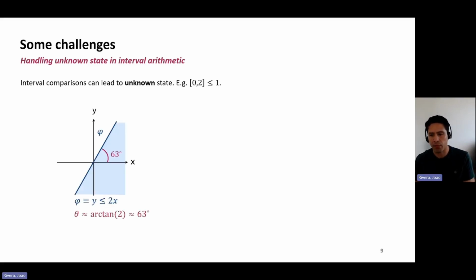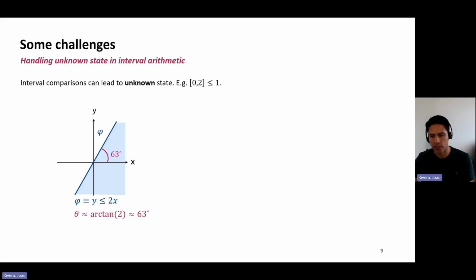I will give an example of where this occurs in our implementation. In the algorithms, we compare the angles of the inequalities a lot. For example, when you have the inequality y less than 2x, and this is the feasibility space, the angle is based on the x-axis, and you can calculate it with the arctan of the coefficient of x for this particular inequality.